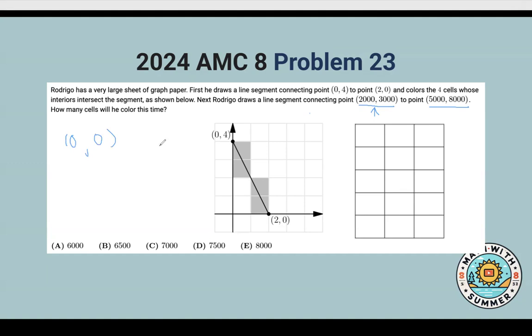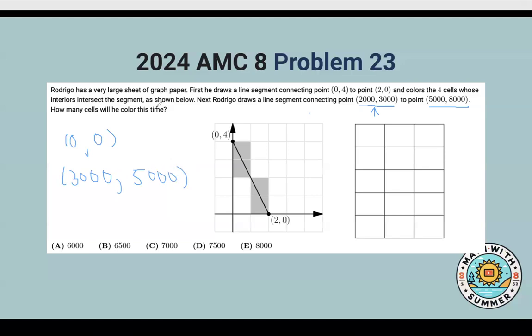I'm shifting it to the left by 2,000 and down by 3,000. So I have to do the same thing to (5000, 8000). So this is now 3,000, and 8,000 minus 3,000 is 5,000. I'm not changing the line in any way, just shifting it over, so it's a little bit simpler.